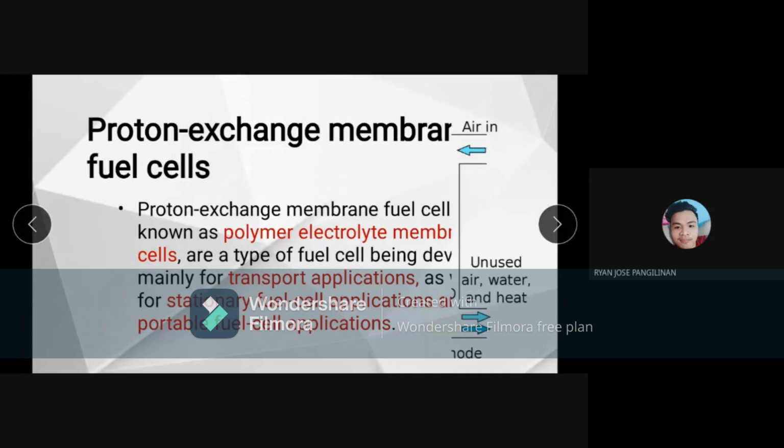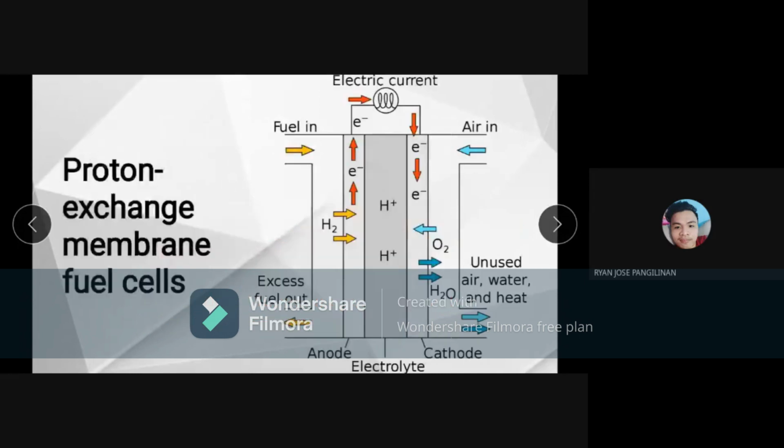So this is the schematic diagram of the proton exchange membrane fuel cells.